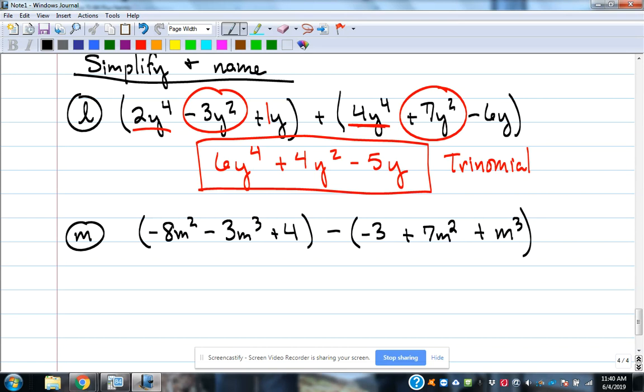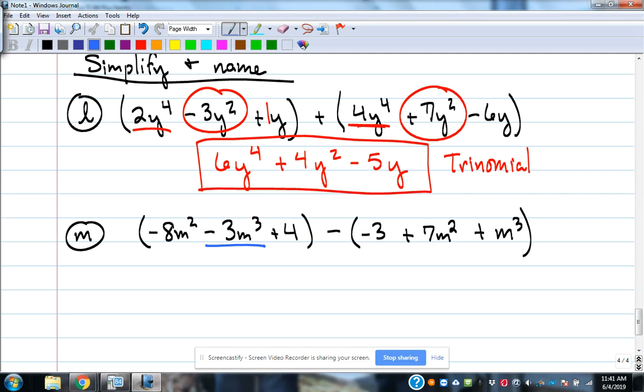All right, so like terms. I'm going to start with the highest exponent, which would be m to the third. So I'm going to put those together first. That's not necessarily the way you have to do it, but I think it's a good habit to start getting into because later on when we start solving polynomials, you want them in order from biggest to smallest. So I'm going to start with the m cubes.